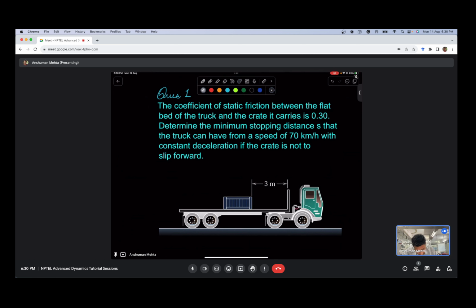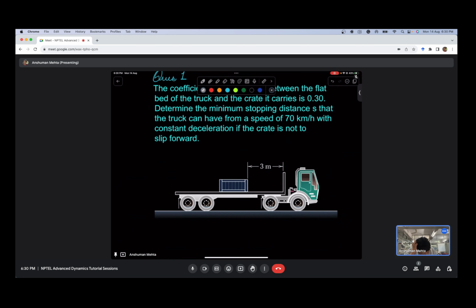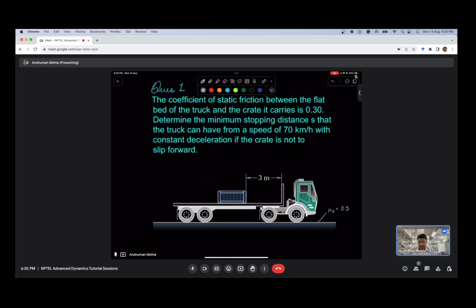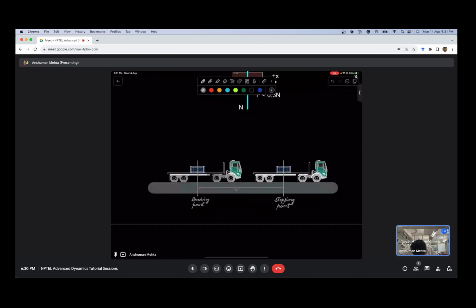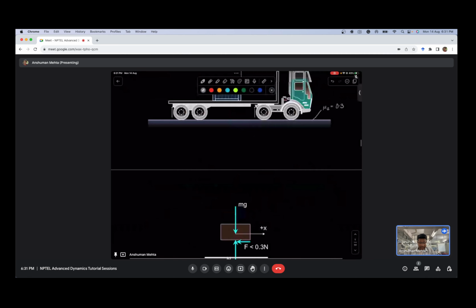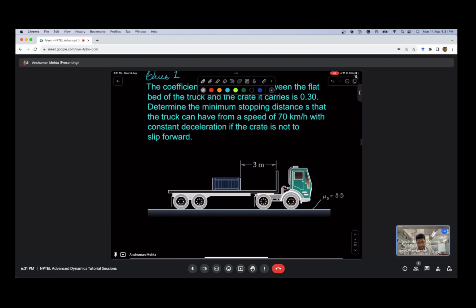Here the coefficient of static friction between the flat bed and the crate is given as mu static 0.3, and we have to find the minimum stopping distance, so let's denote this as s.